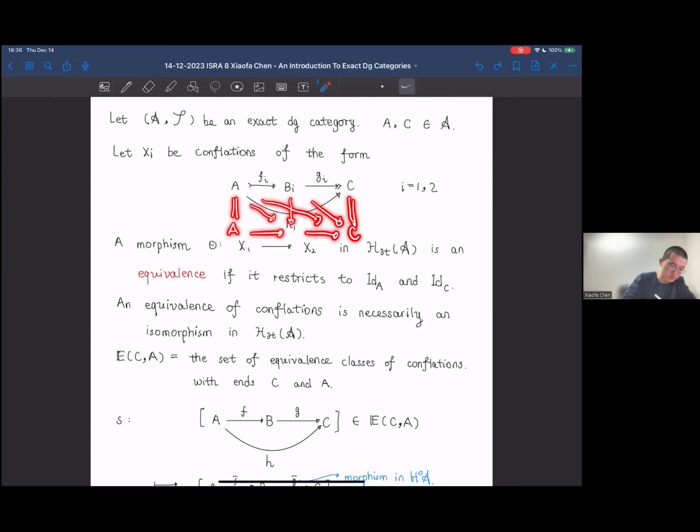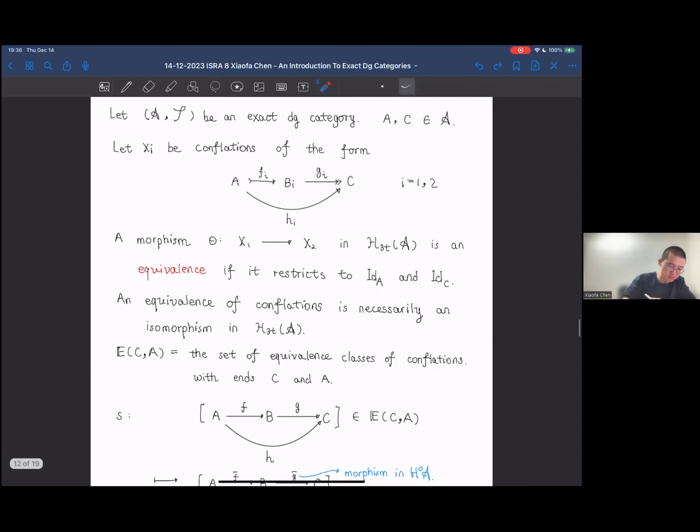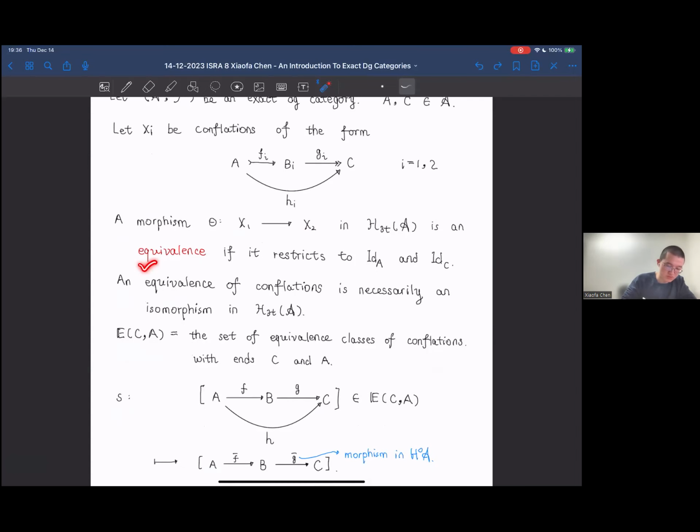Yes, we can restrict to the objects here. Now we remark that an equivalence of conflations is necessarily an isomorphism, so the middle morphism in this equivalence is also an isomorphism.